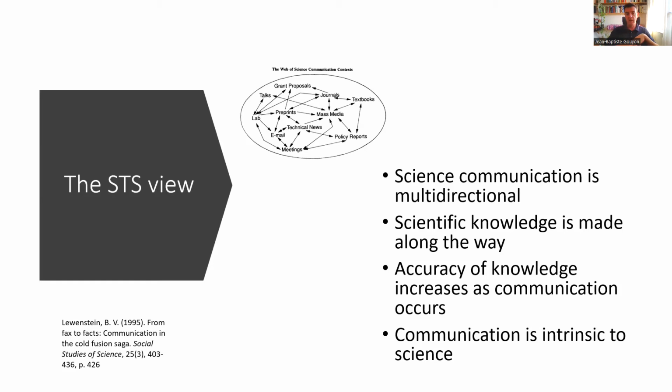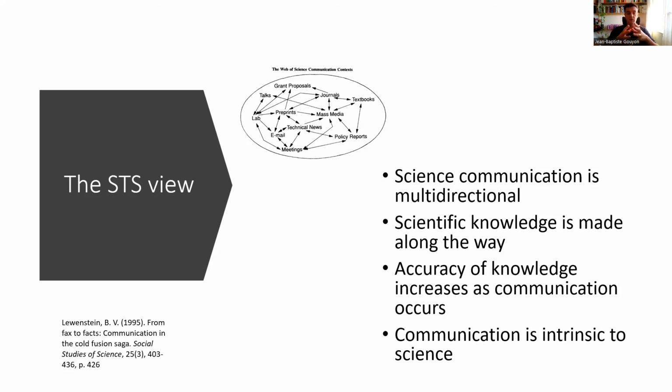And replacing communication at the heart of knowledge making leads to saying that the accuracy of knowledge increases as communication occurs. So that's also something we'll come back to at the end of the lecture. And overall, it's to say that communication is intrinsic to science.